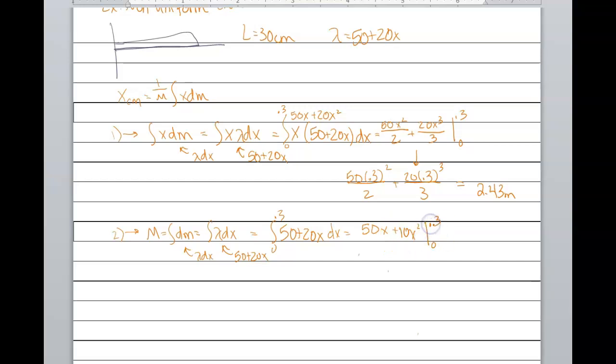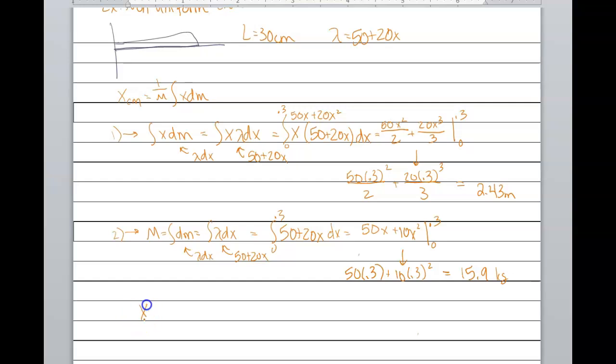Evaluated from 0 to 0.3. So then 50 times 0.3 plus 10 times 0.3 squared. When I plug in 0, that's all going to go away, so I don't need to do the other part of that limit. So I get a total mass of 15.9, which will be in kilograms.